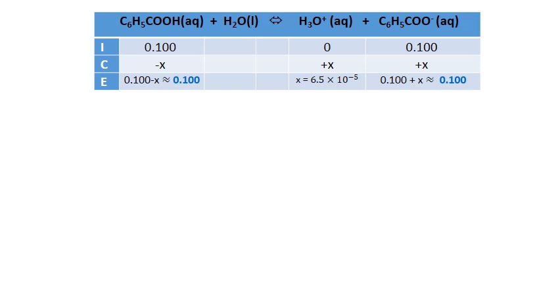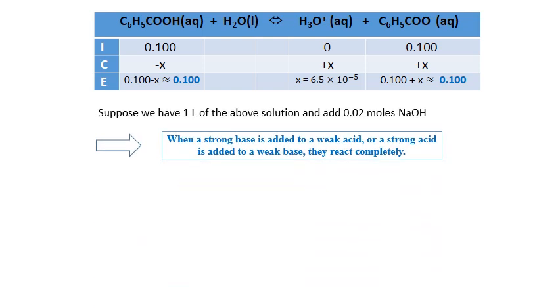So now, here's a key point. When you add strong base to a weak acid, it reacts completely. Okay? And if you add strong acid to a weak base, it reacts completely.